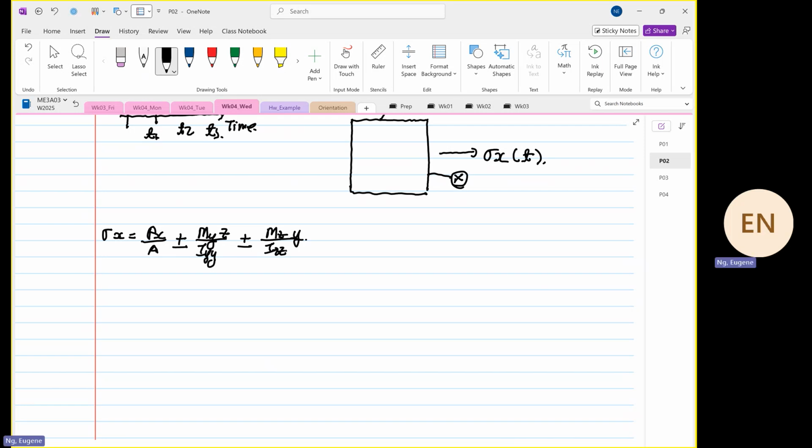Because that equation that you see over there, you've seen it before? Oh, it's straightforward.